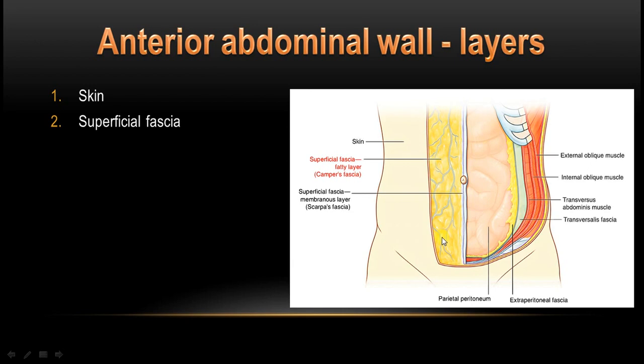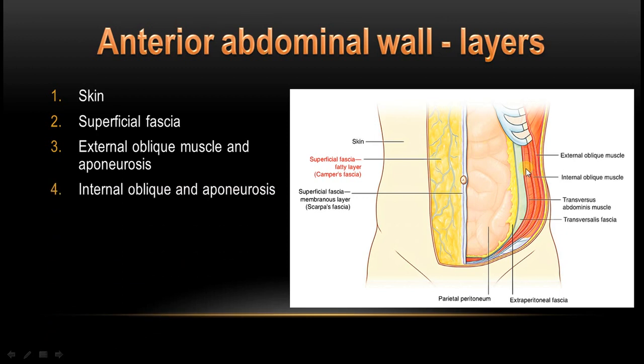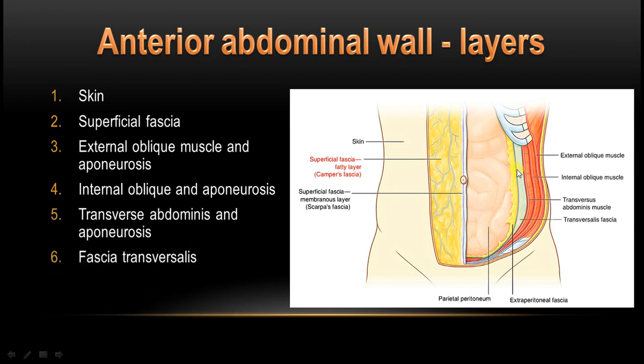Deep to the superficial fascia you have the muscles, which are disposed in three layers: external oblique, internal oblique and transversus abdominis. One below the other, or one deeper to the other: external, internal and transversus abdominis. Then deep to these three muscles you have the fascia transversalis, which is considered as the deep fascia by some authors.